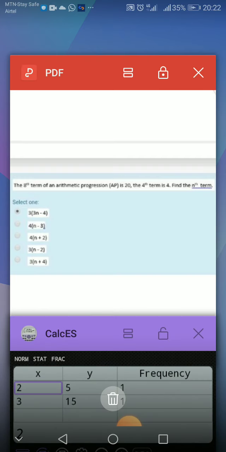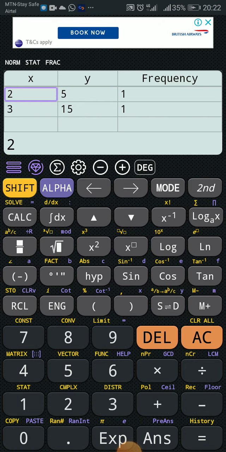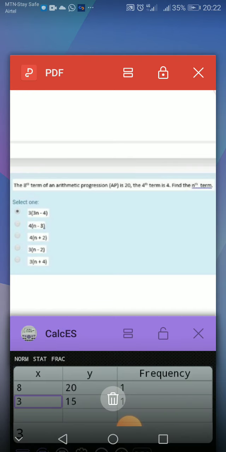So they said the 8th term of the AP is 20. So here I'm going to put 8, equal to, then I move my cursor to the other side and write 20, press equal to. Then the other one says the 4th term is 4.